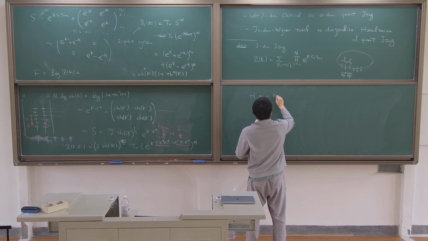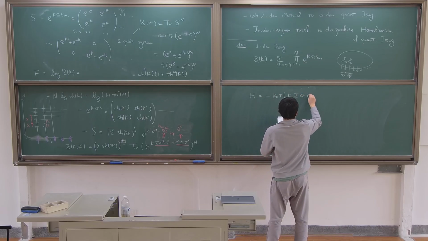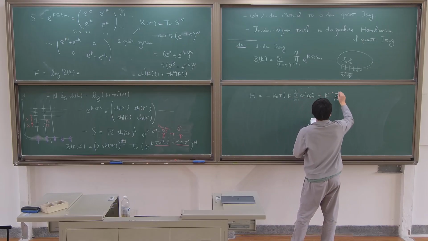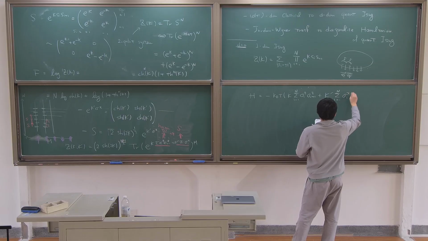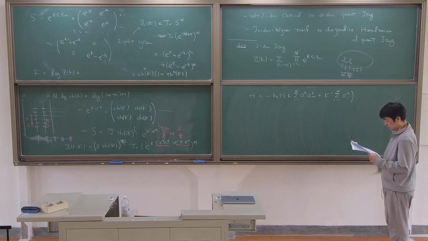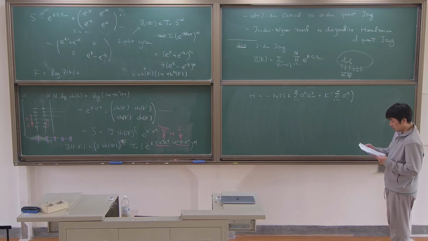It's just k_B T k. Like this way. So this is the Hamiltonian of the quantum spin chain model.